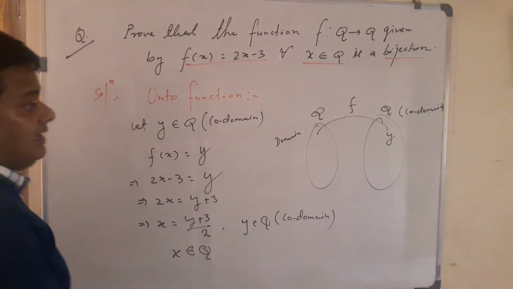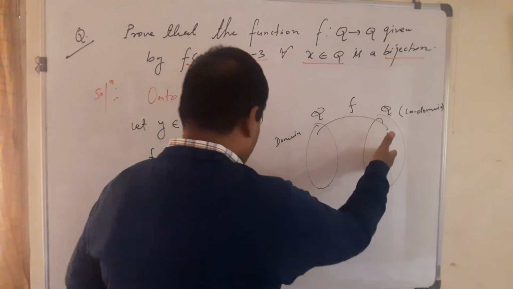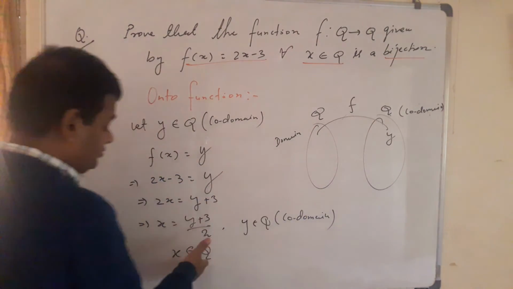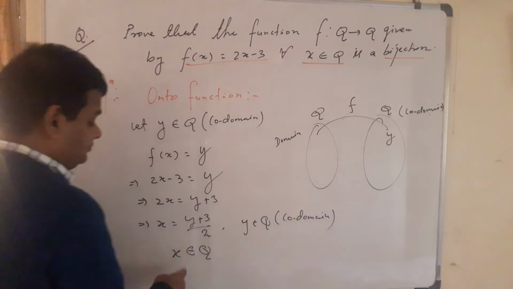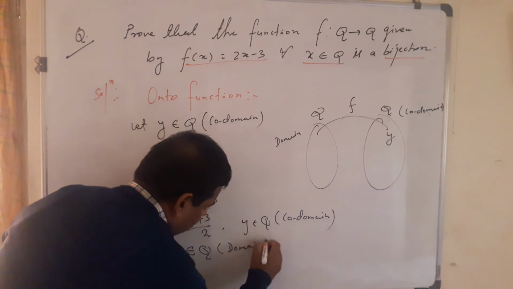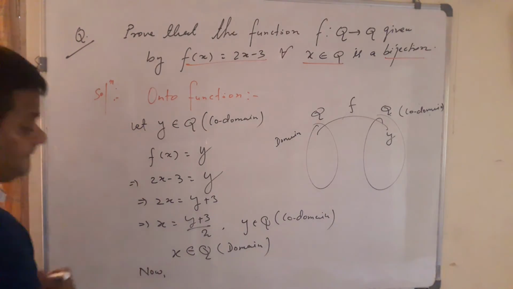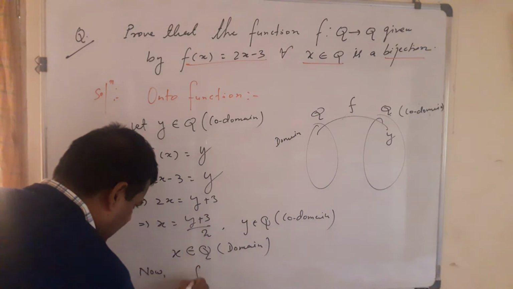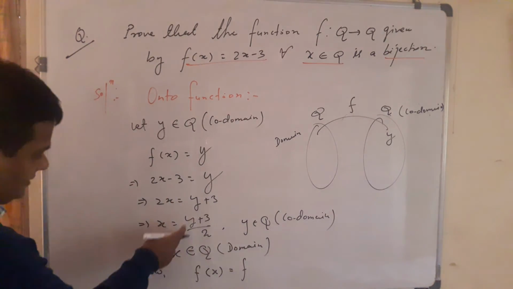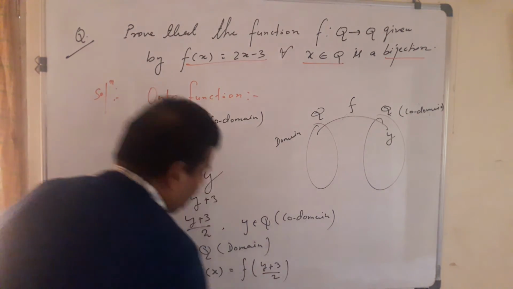So we take any arbitrary element y from the codomain, and we get an element in Q which belongs to the domain Q. Now we can write f of x, where x is (y minus 3) divided by 2.